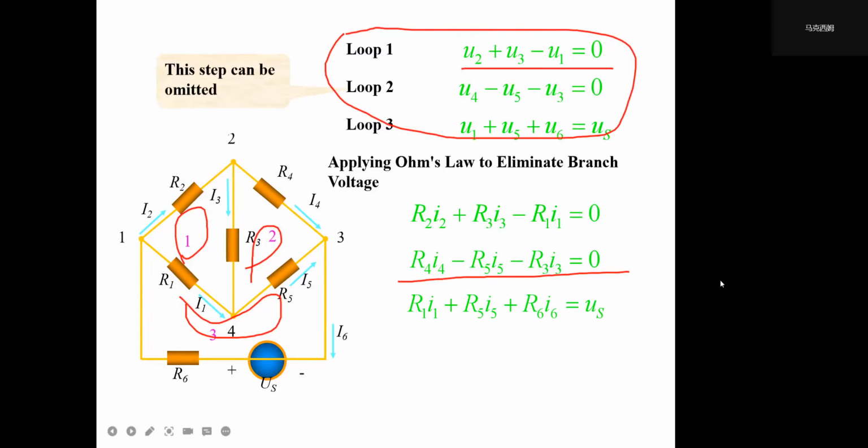But if you're not very familiar with this, and not that skilled, we can just leave it here and do the replacement. Both are all right. If you are very skilled in these tricks, we can directly omit the middle steps.